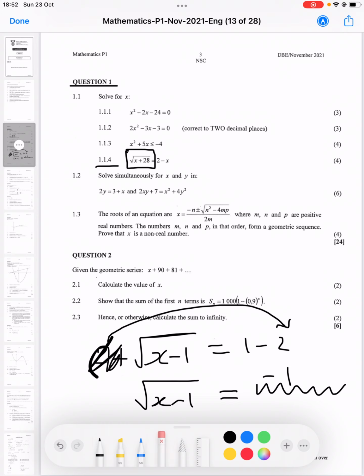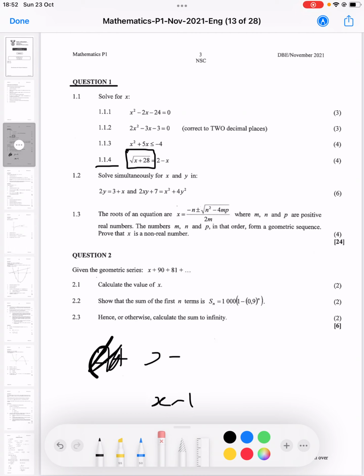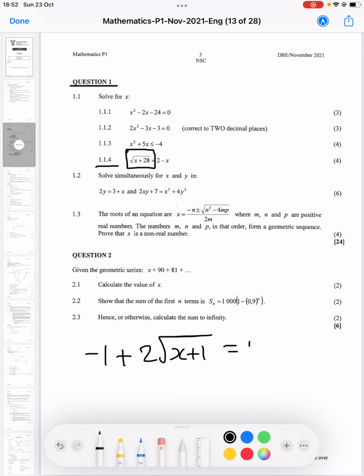Something that you guys are not aware of, and this is where you get it wrong, I'm going to quickly explain. So if you are given, let's say, negative 1 plus 2 square root of x plus 1, and maybe this is equal to 4.